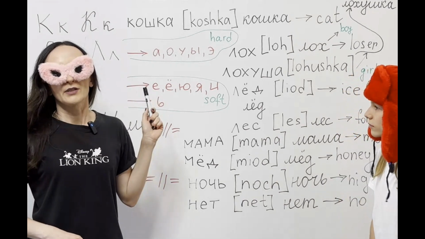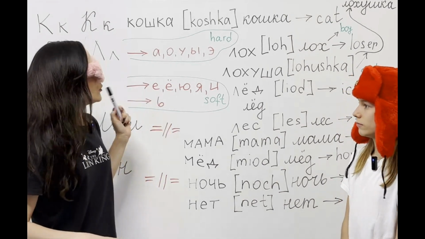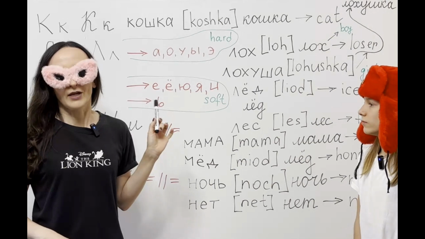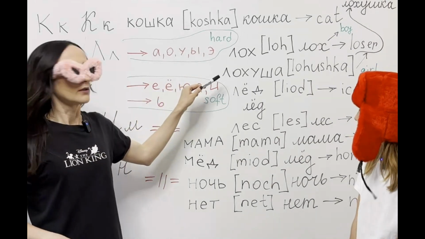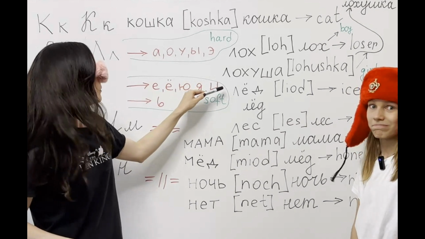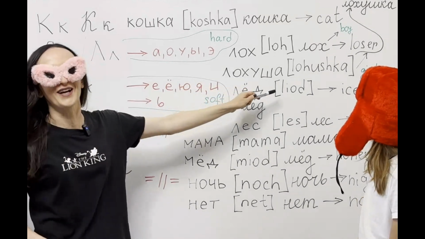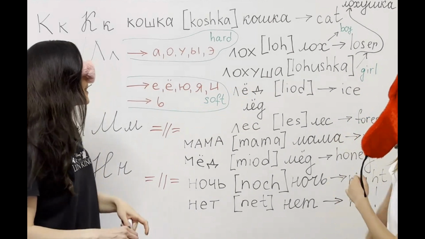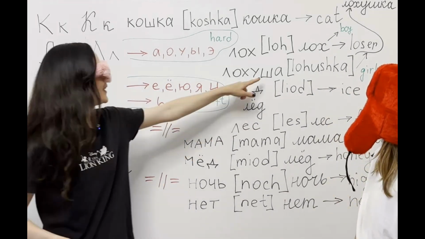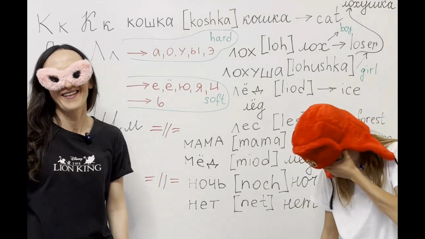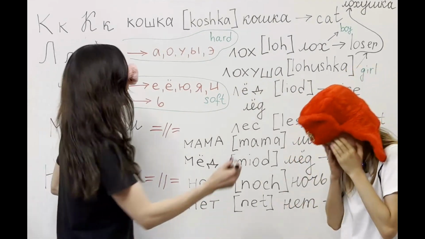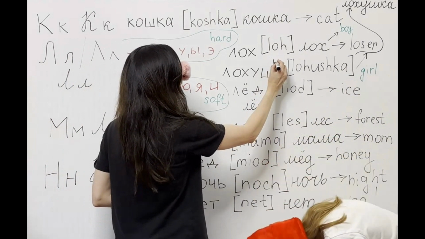Okay, guys, repeat these words after me and make sure you pronounce them correctly. Кошка, лох, лохушка. We wrote лохуша, but it's not лохуша, it's лохушка.